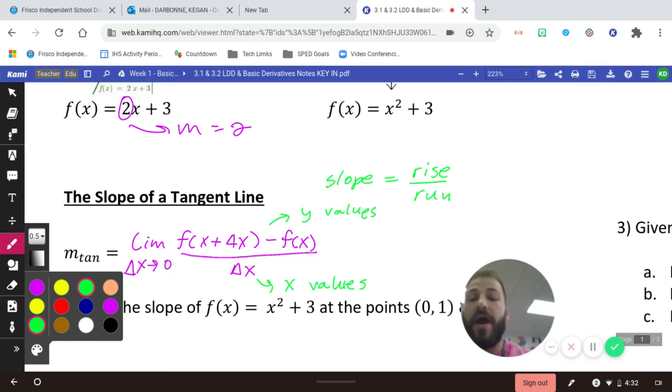Okay. Now, these specific y values, this is the y value at the tangent line. This is the y value for my secant line.